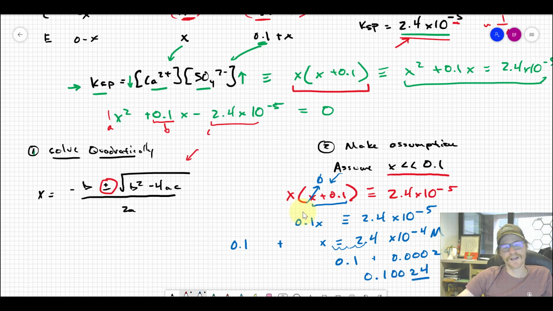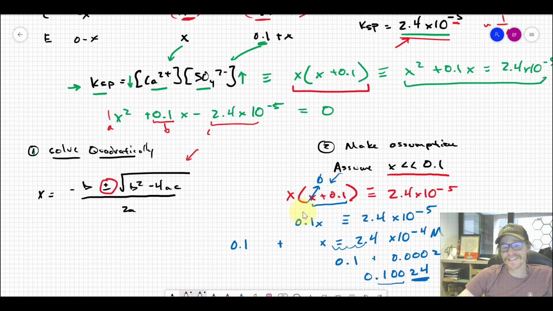Is this consequential? Well, it really depends on how many significant digits you want to retain or can retain in your computation. Because the original concentration was 0.1, and if you're only keeping 3 sig figs here, then this addition of the 0.24 is a negligible change and it doesn't matter.